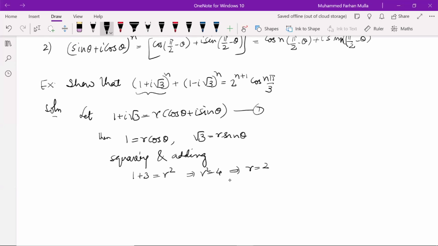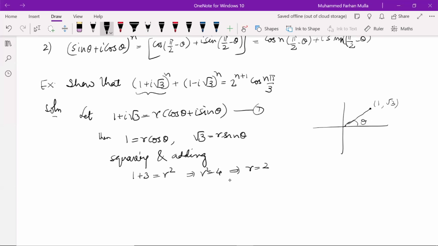Next, what is theta? In order to find theta, one thing is very much clear, that this 1 plus I root 3 lies in the first quadrant. It has the components 1 and root 3. Since it lies in the first quadrant, theta is always positive.